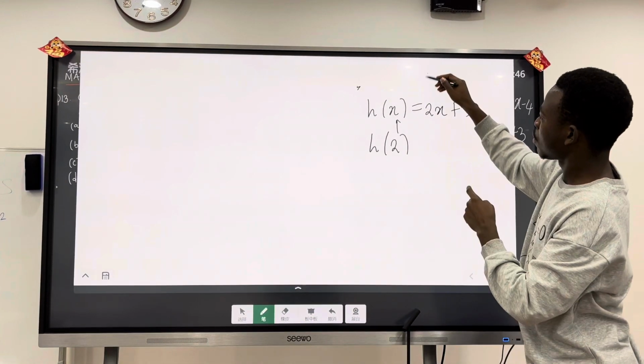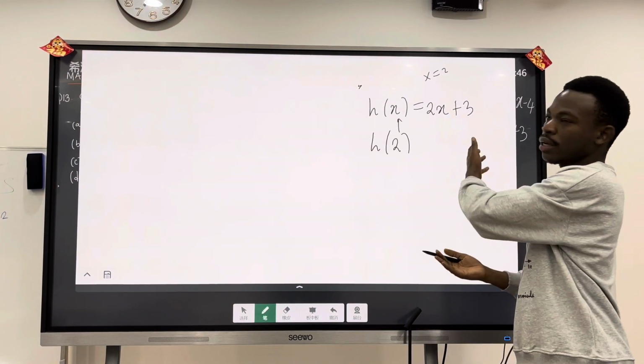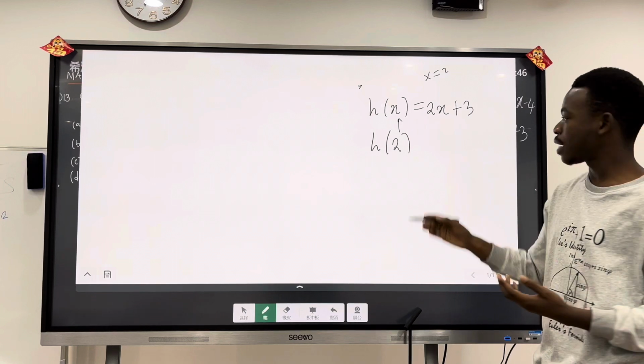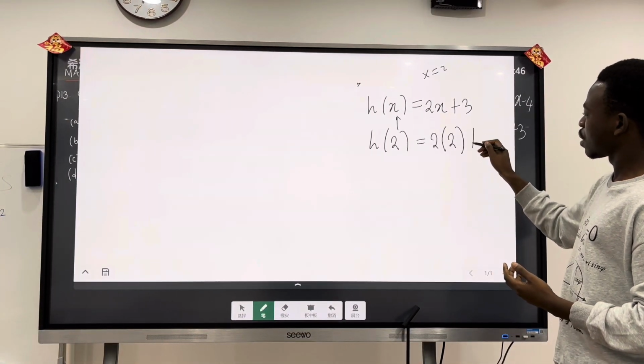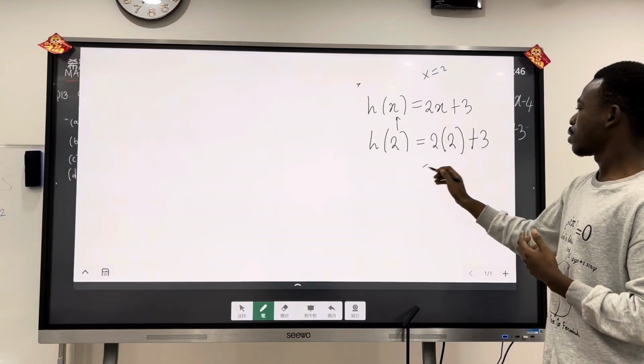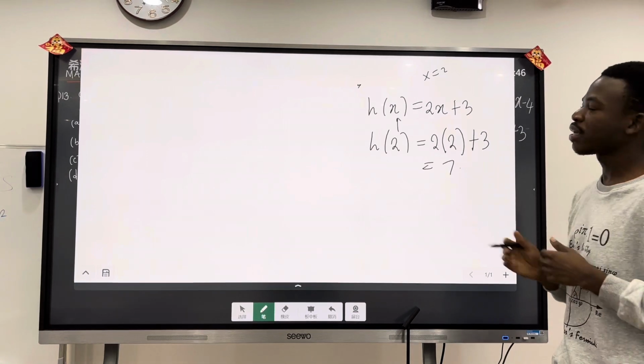So x is more like x is equal to 2. It means that wherever I see an x, I should substitute with a 2. So this will give us a value. 2 times 2 is 4, plus 3, we're going to get 7.